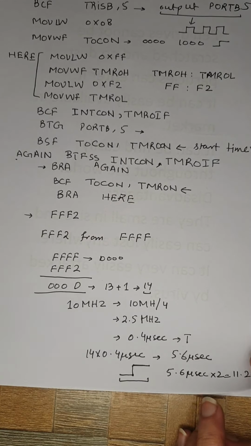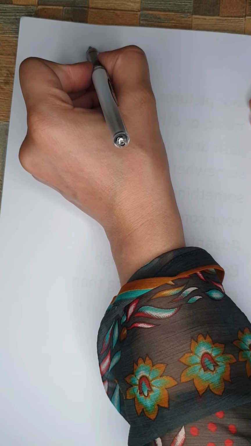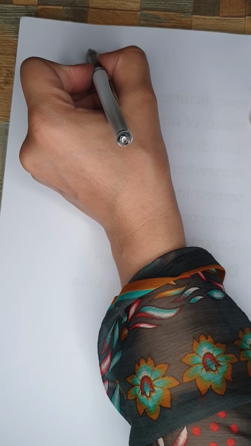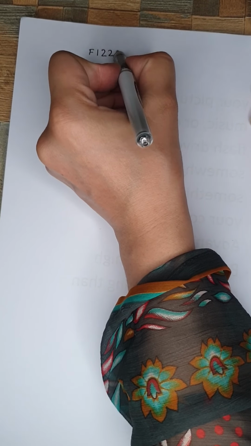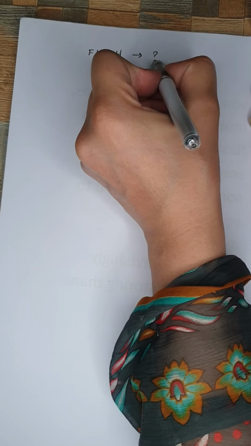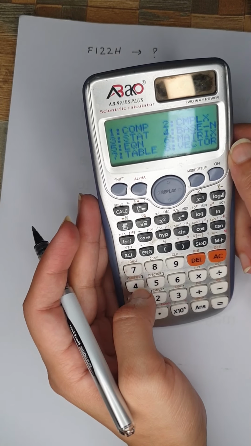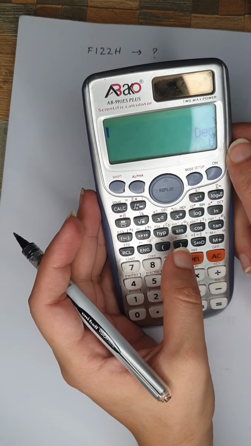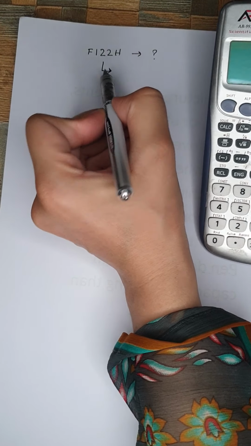There is another way for calculating the amount of the delay introduced using the timer. Let's say we have loaded the timer lower and the higher byte with the values F12 hex, and we want to see how much the delay is introduced. The first step is to convert this hex value into the decimal.